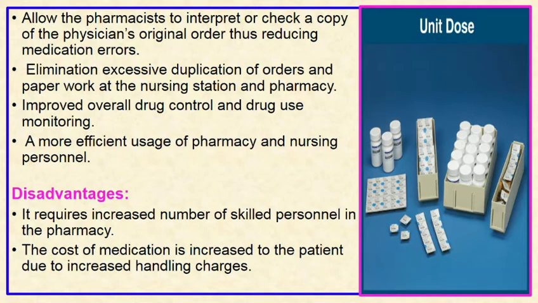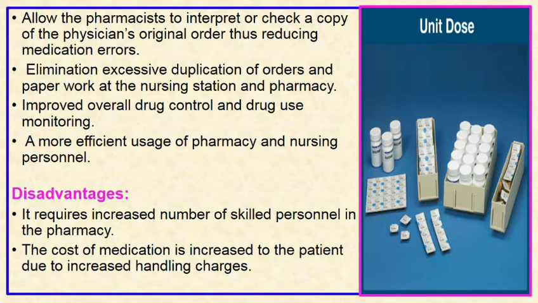Elimination of excessive duplication of orders and paperwork at the nursing station and pharmacy. Improved overall drug control and drug use monitoring, and a more efficient usage of pharmacy and nursing personnel.